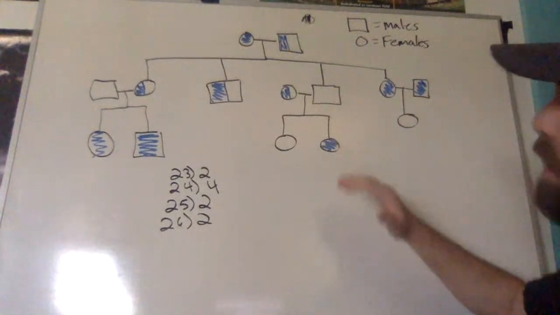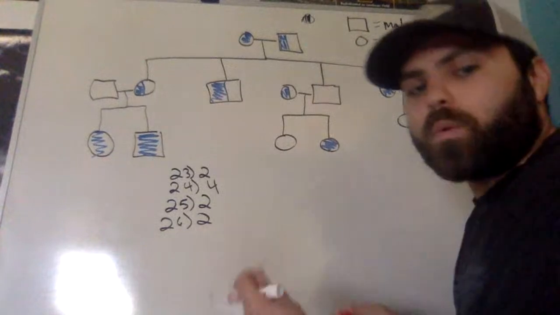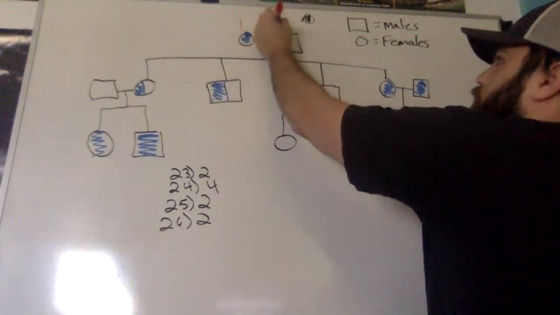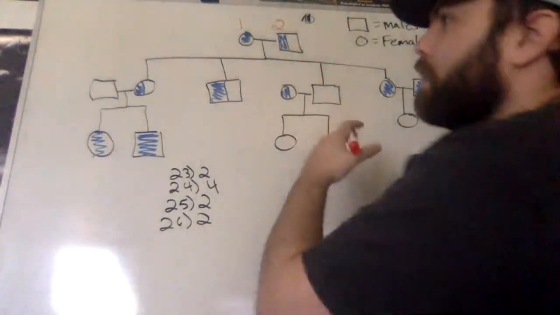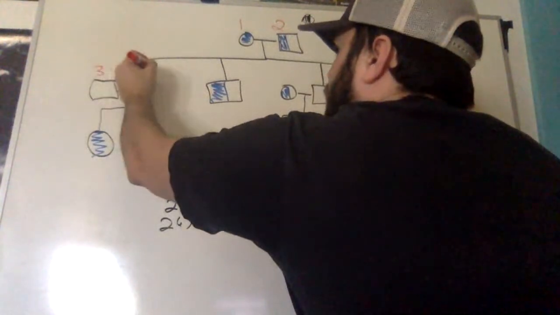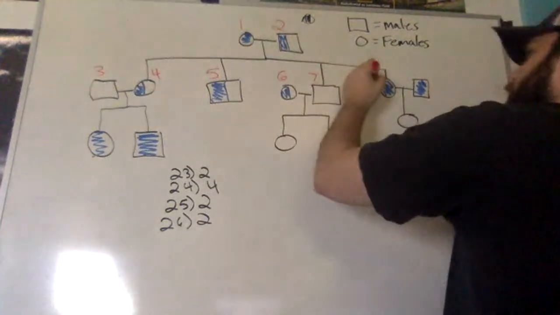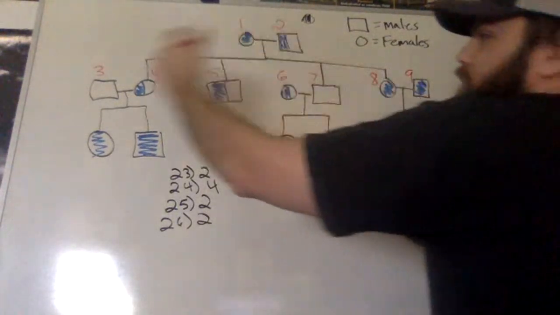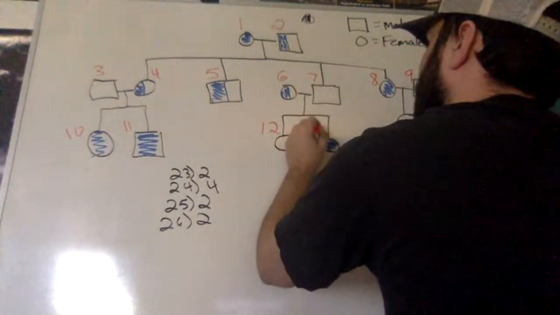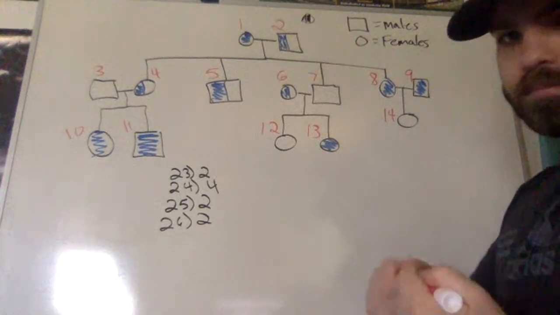It's kind of like reading a book. You always start at the top left and work your way down. You got 1, 2. Now you go all the way down to the next line: 3, 4, 5, 6, 7, 8, 9. Get to the end, you go back: 10, 11, 12, 13, 14. There's 14 people in this family.